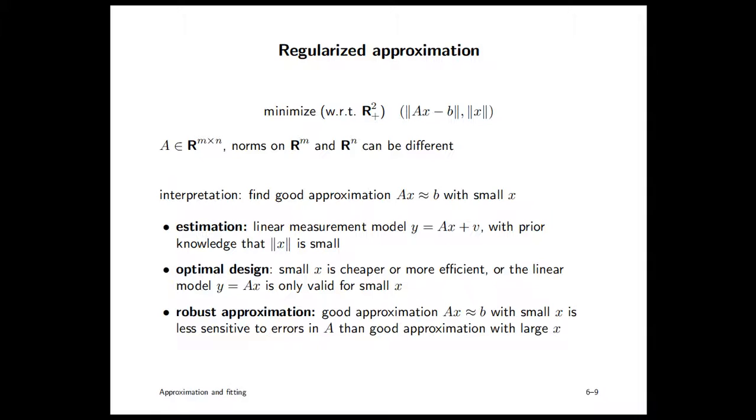In an optimal design setting, the regularization term reflects the cost of using large values of the design variables. In a robust approximation, the small x norm can also reflect a modeling issue.